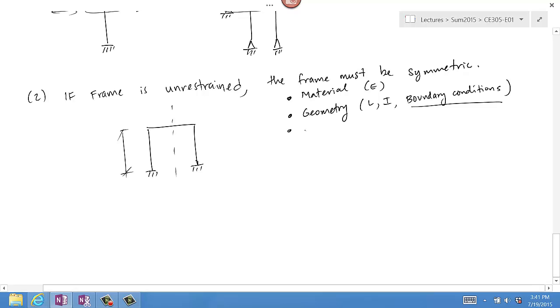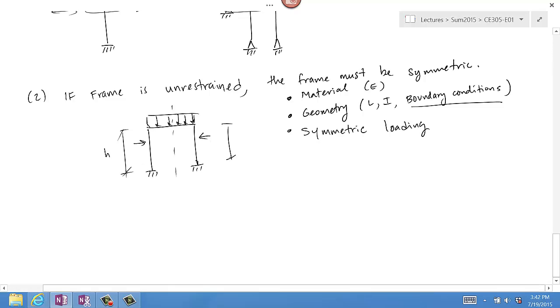Lastly, the beam has to be loaded symmetrically. Okay? So for example, you can apply uniformly distributed load. And if you apply a horizontal load here, you better apply a horizontal load there of the same magnitude. Okay?